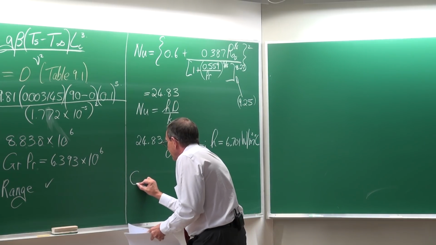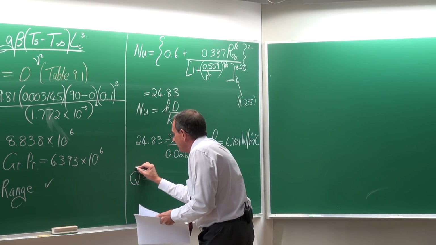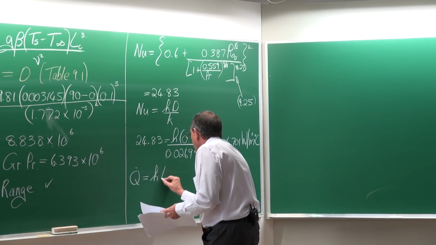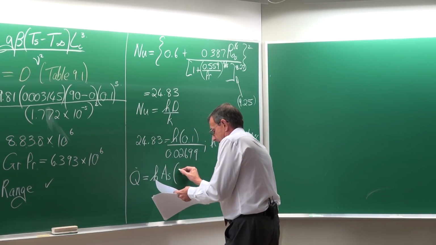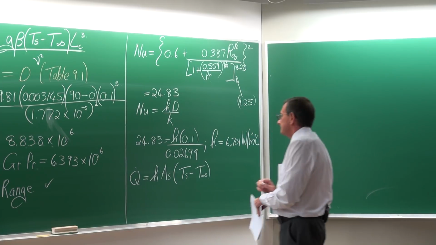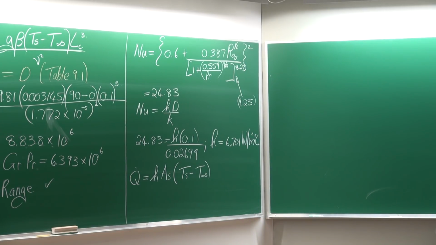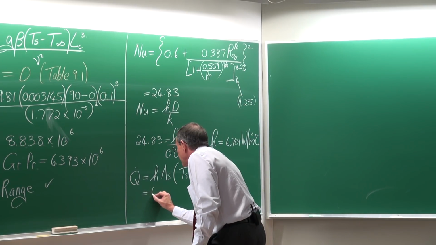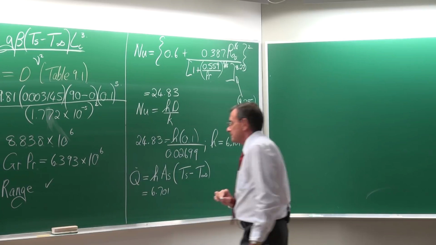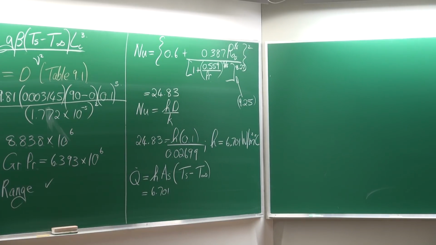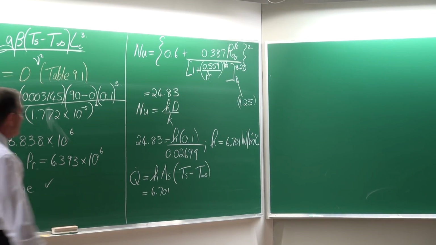Right. Now we can determine the heat transfer rate. The heat transfer rate is equal to the heat transfer coefficient multiplied by the surface area multiplied by Ts minus T infinity. The heat transfer coefficient is equal to 6.701. The surface area is the surface area through which the heat transfer occurs, so it's this outside surface area.